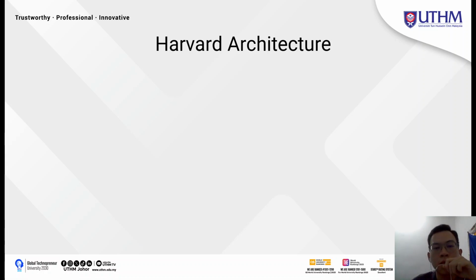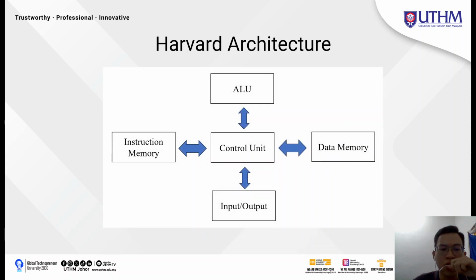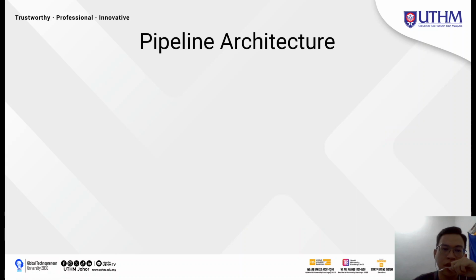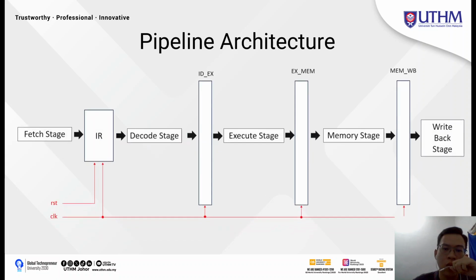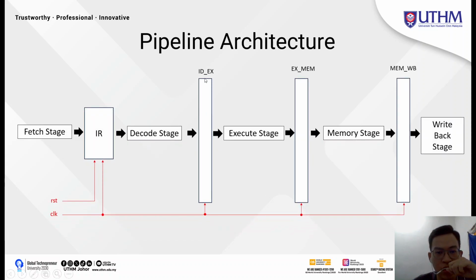The pipeline processor is designed based on two architectures. First is Harvard architecture, where the instruction and the data are stored in different memory spaces separately with an independent bus connection, as shown in this figure. Secondly, it is designed based on pipeline architecture as well, where there are pipeline registers that pass data in between each instruction execution stage.